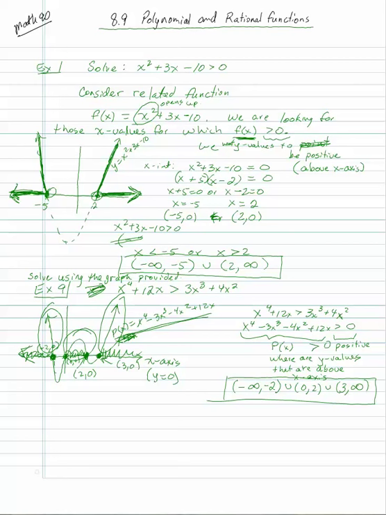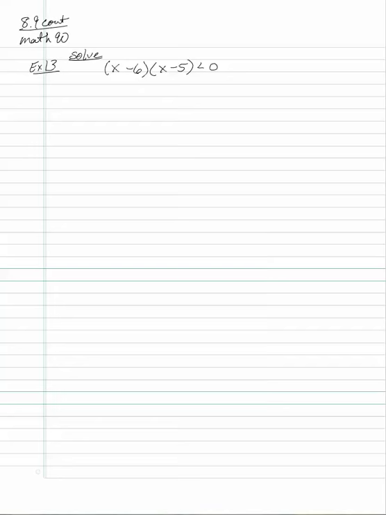Alright, so let's learn the next technique. If you don't want to think about the graph, your first thing is to figure out where it is equal to 0. We call those critical points.